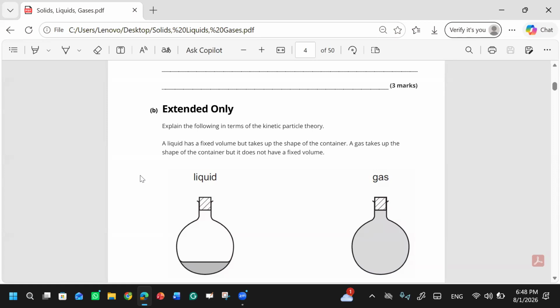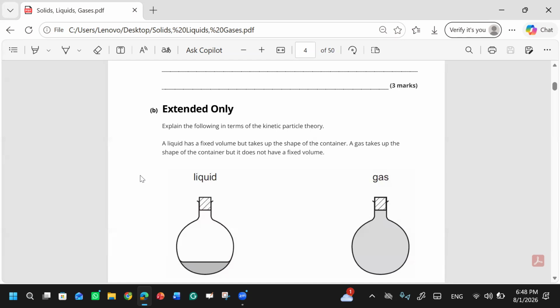The movement is random, so the particles can go in any direction, which allows the liquid to flow and take the shape of the container.